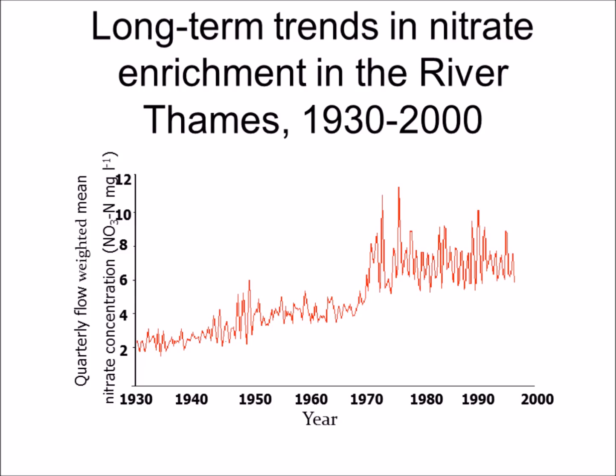Then the farmers started applying lots of fertilisers, and although most of that was taken up by the crops, it was inevitable that some proportion would end up in the river systems. And in the Thames, of course, where we've got a very much groundwater-driven system, deep aquifers, that high nutrient water enters the aquifers and then takes many years to leach out. So we've got a long-term dynamics going on here that's affecting water quality as well.